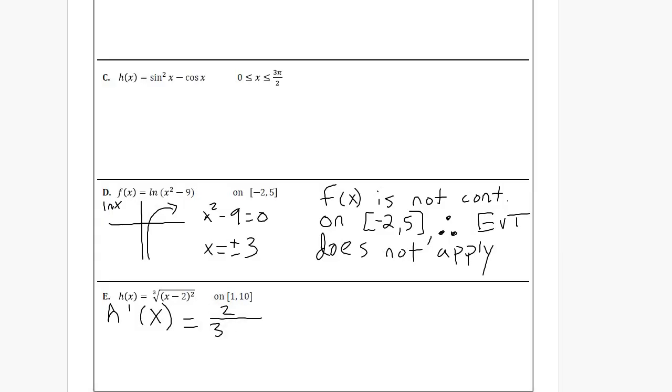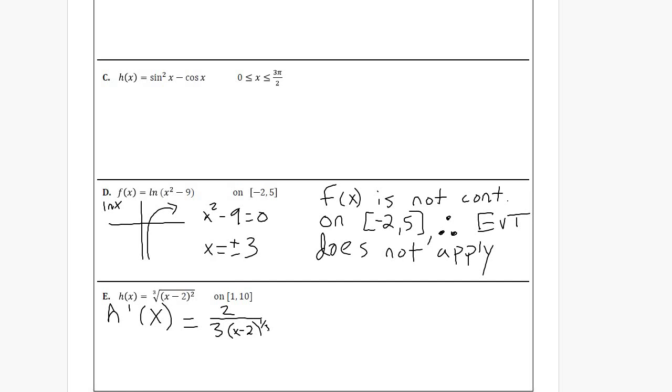2/3 times x minus 2, and if I subtract 1, we would get a negative 1/3, or a 1/3 on the bottom. Then if I multiply by the derivative of the inside stuff, well, the derivative of x minus 2 is just 1, so I don't really have to worry about anything.